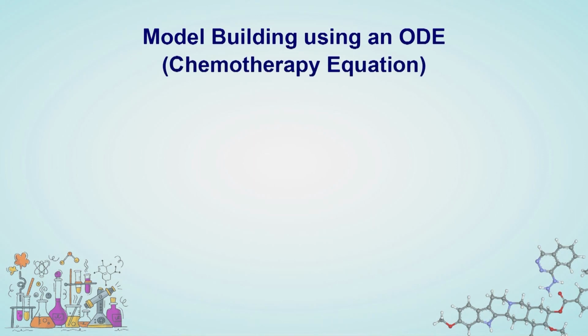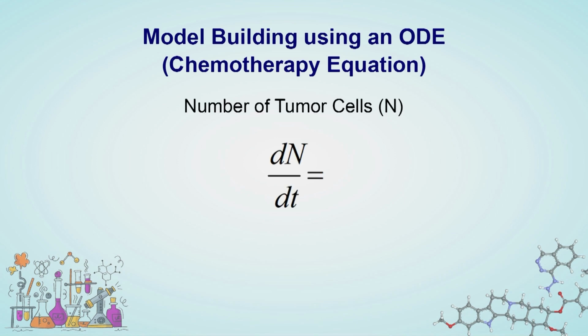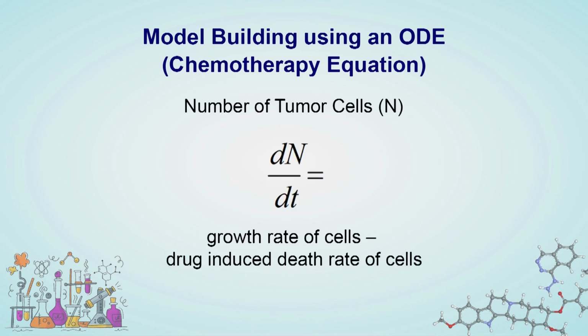We know that chemotherapy is the process of curing cancer. But how do we transform this chemotherapy into an equation, or into a model? Here we can see d by dt of N.